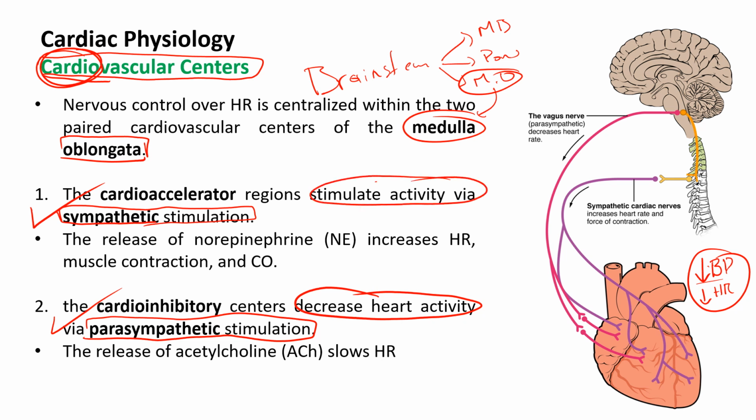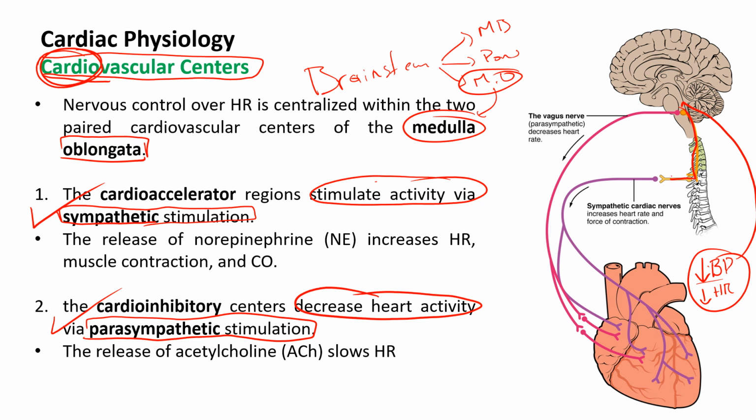So in this case, once the medulla oblongata receives that information, it essentially stimulates the sympathetic nerves, a group of nerves that travel to the spinal cord at the level of the thoracic region.